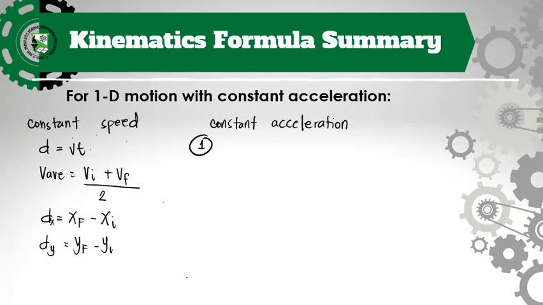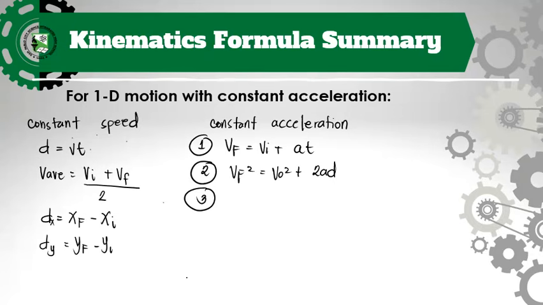Equation number 1: VF is equal to VI plus AT. Second equation: VF squared is equal to V naught squared plus 2AD. Third equation: D is equal to 1/2 times VI plus VF, times T.